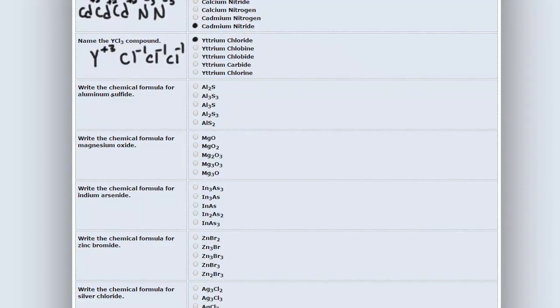Write the chemical formula for aluminum sulfide. Well, aluminum is +3, and sulfide is -2. So we memorize those. And instantly we can see, oh, we're going to have Al, Al, S, S, S: +3 +3, -2 -2 -2 to get to 0.